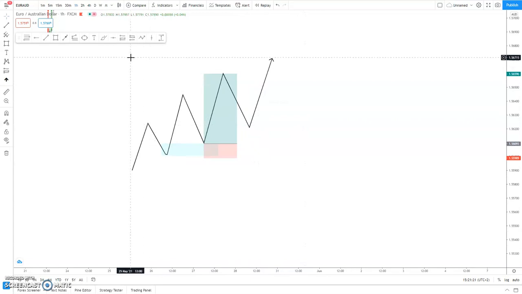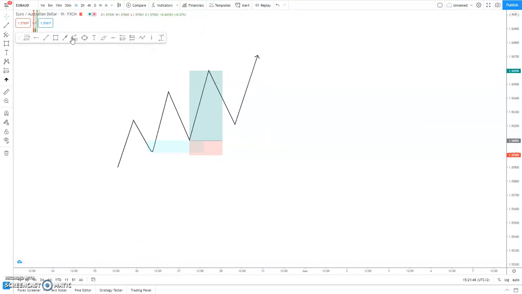But what you should actually be doing is using the 4 hour, daily, weekly, monthly for your bias, but we don't enter off the 4 hour. Within the 4 hour, these are the moves.